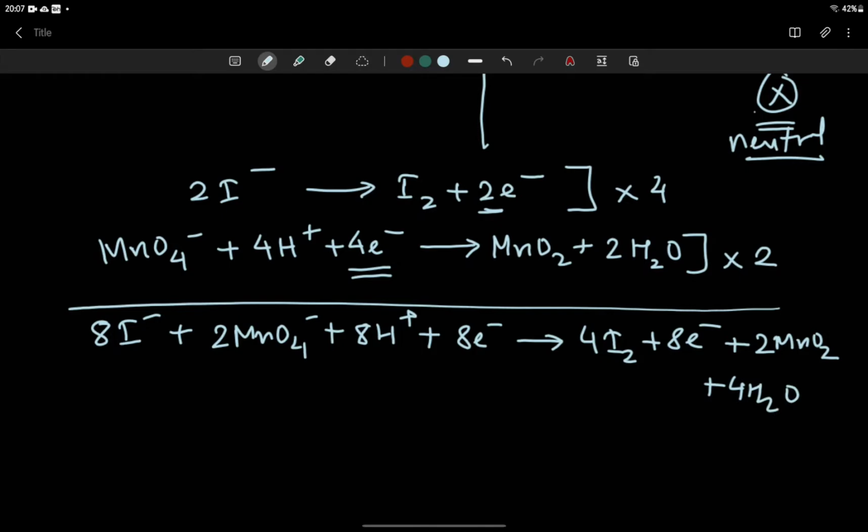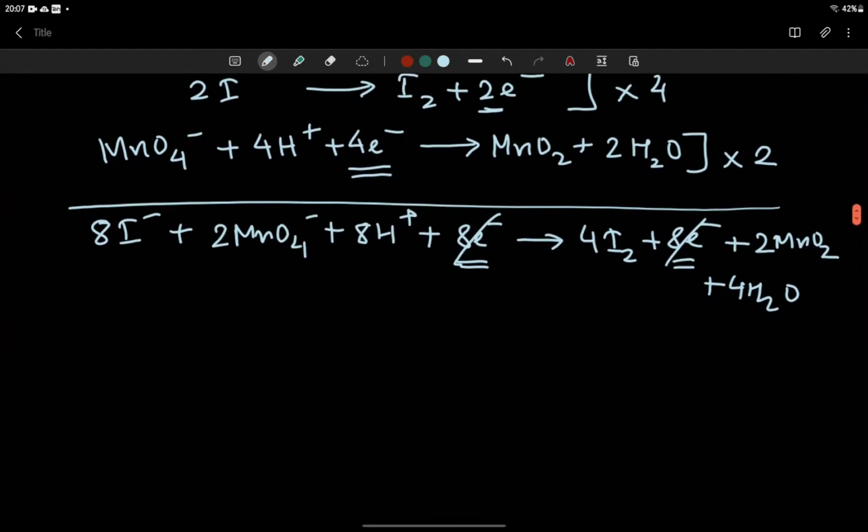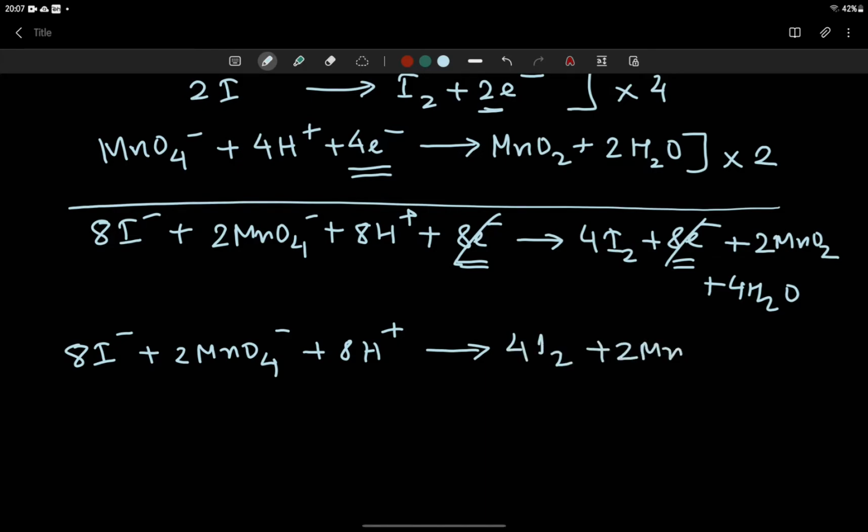Now you can clearly see the number of electrons gained and the number of electrons lost is now equal, so you can cancel them. Alright, now the whole equation becomes this: 8I minus plus 2MnO4 minus plus 8H plus gives 4I2 plus 2MnO2 plus 4H2O.